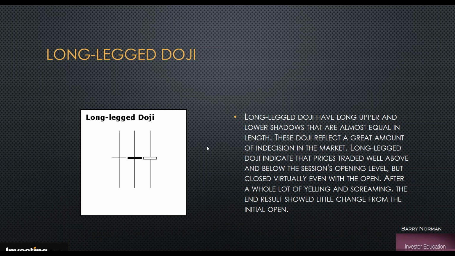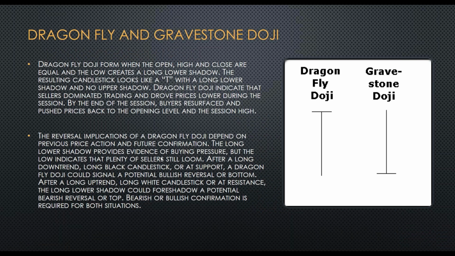That's all the difference is. A spinning top is telling you that the market is very indecisive. A doji is telling you it's beyond indecisive. Whoever dominated the market in the previous session has now lost control, basically.